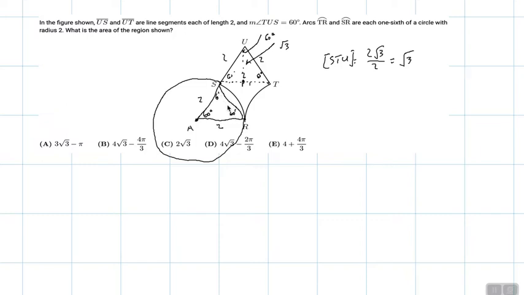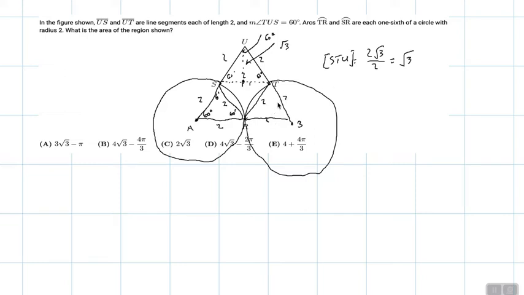And therefore, this length, SR, has to be 2 because it's an equilateral triangle. The same is going to be true of this circle, if we draw like that, and call this B. We can draw two triangles like that, and it's going to be 2, 2, and 2.